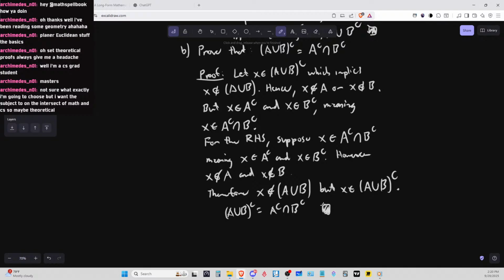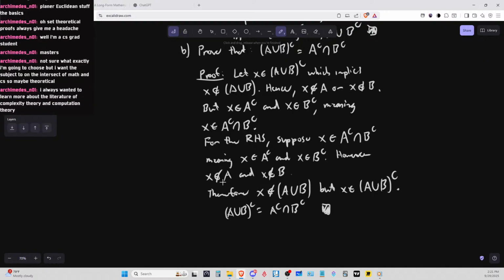So, implies that, hence, meaning, for the right hand side, suppose that x in A union B, but X is in A union B complement.